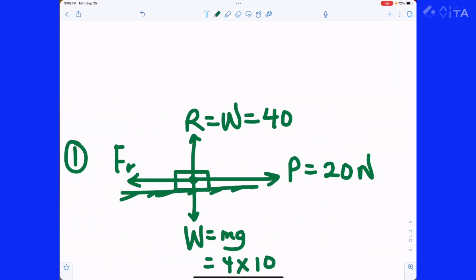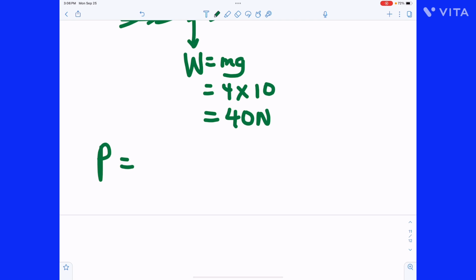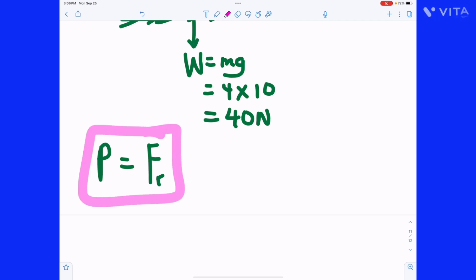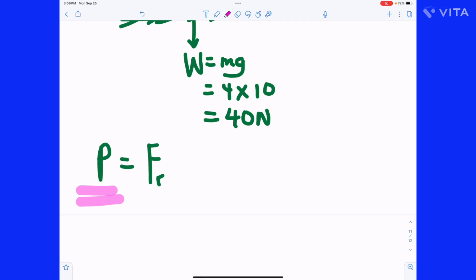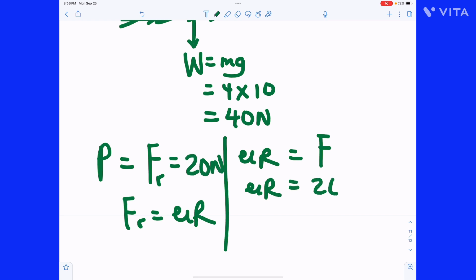Let's now do that. The question says that the push P is just enough to make the block move. If the push P is just enough to make the block move, that means the push P is equal to the frictional force. That's the language we use in friction. We know that frictional force is mu R, so mu R is 20 Newton.